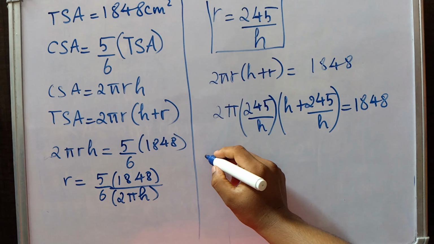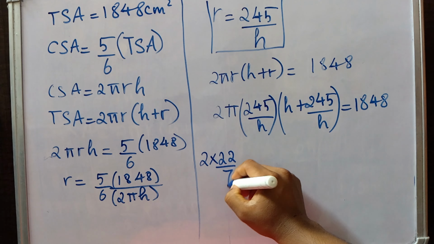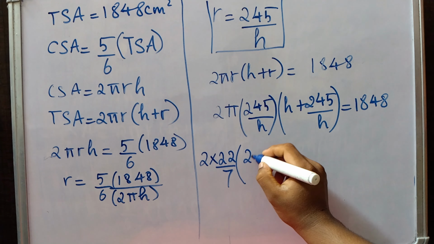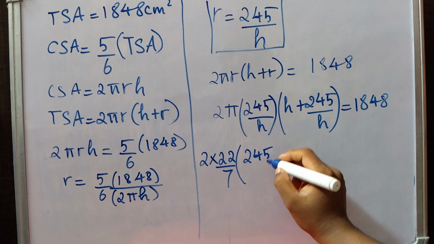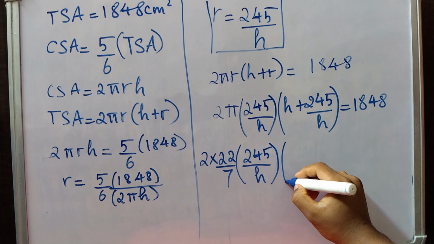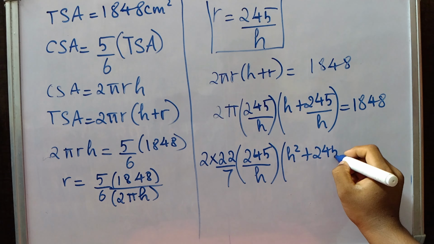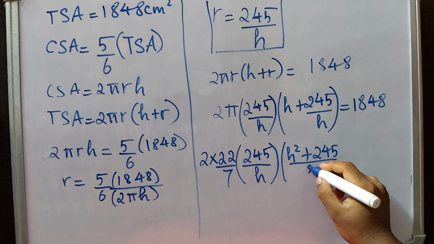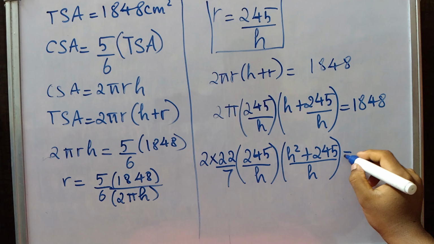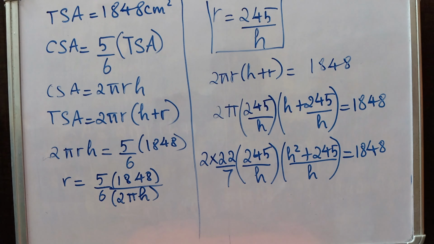Now substituting all the values: 2 into 22/7 into 245 divided by H. On taking LCM, we get (H square plus 245) divided by H is equal to 1848.